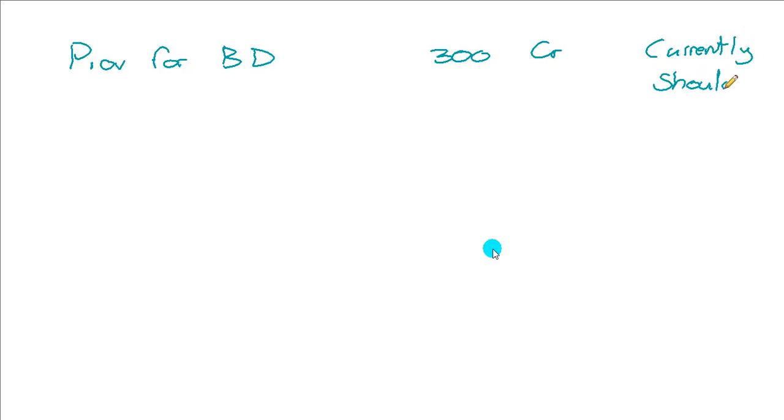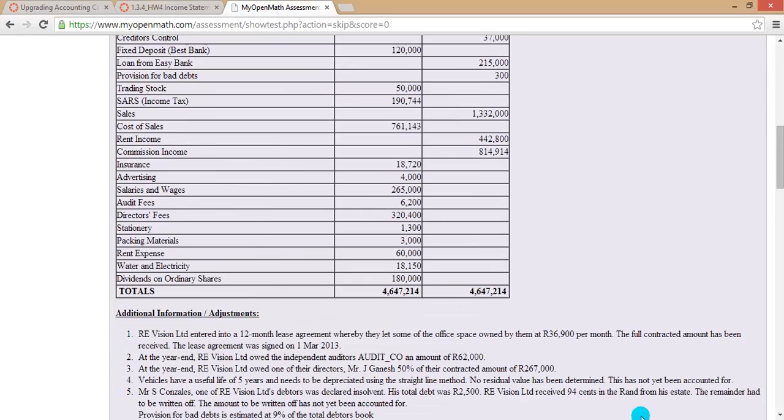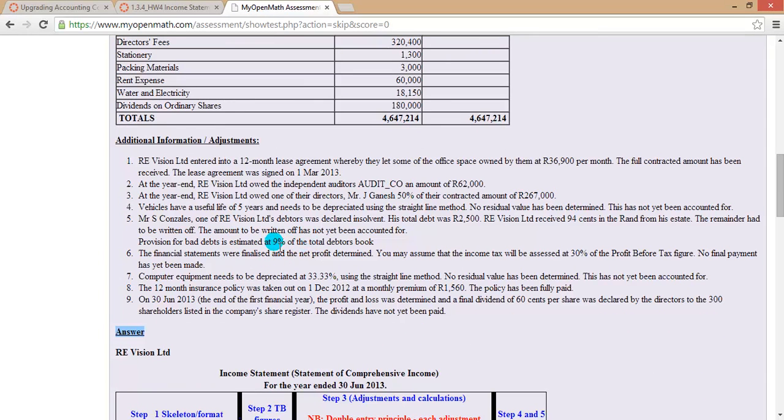So I've got provision for bad debts. I'm going to abbreviate that. 300 Rand credit currently. Okay, that's what it is currently. Information says it should be 9% of the total debtors book.